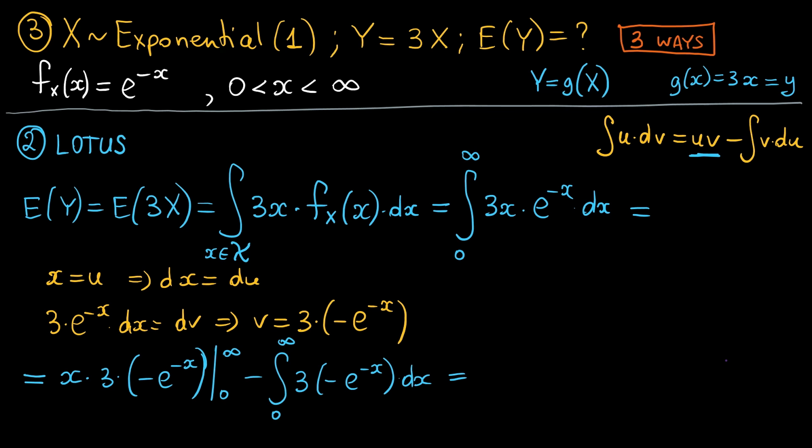And then this first expression now is starting to look familiar, right? When x goes to infinity, this term here will go to 0, and when x takes on the value 0, the first term will be 0. So in either case, we get 0 minus 0 there.